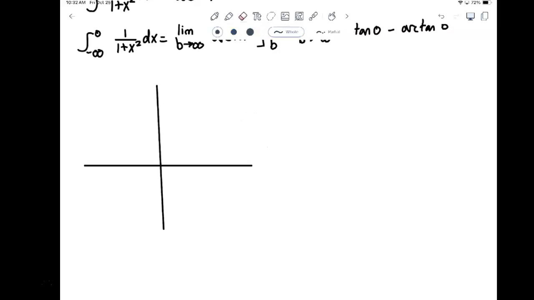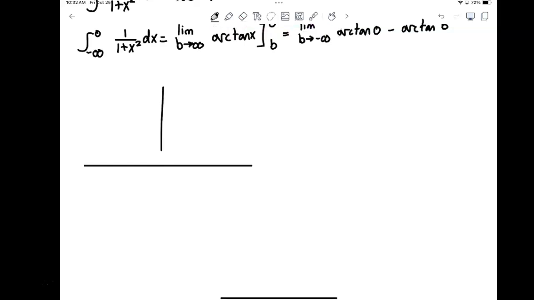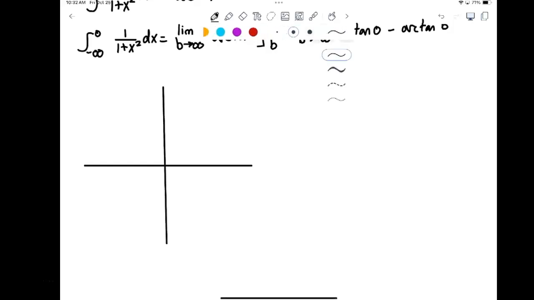I need to fix up my vertical line here. Okay, so I'm going to have here a vertical asymptote down here at negative pi over 2. That looks about right.